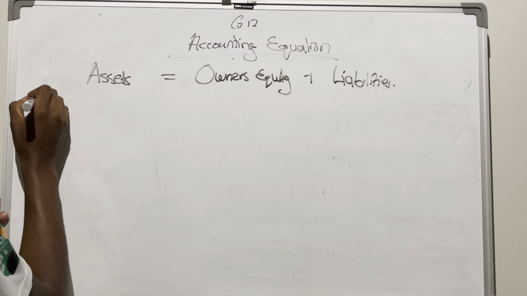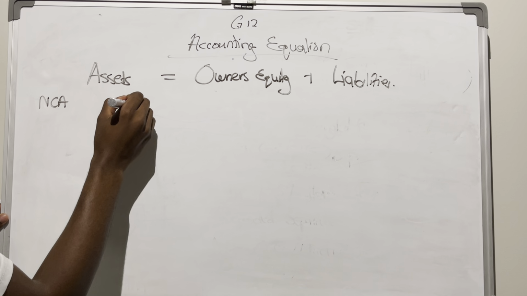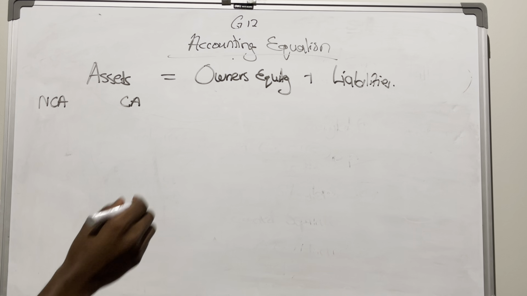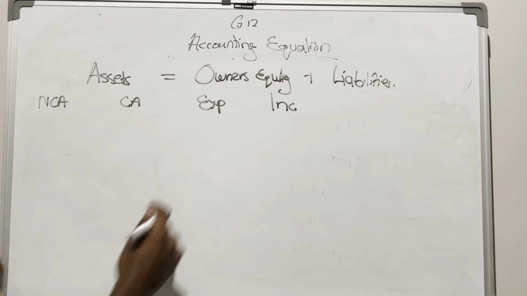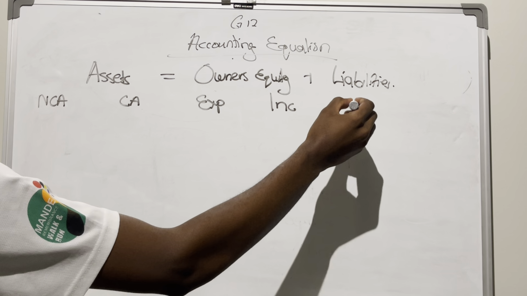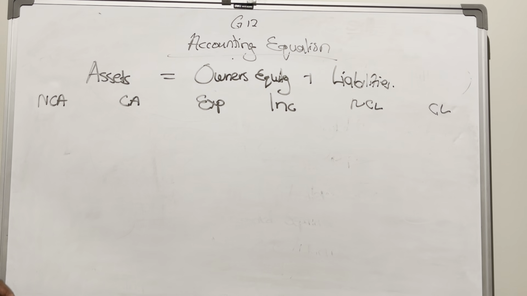In assets, we have non-current assets and current assets. In owner's equity, we have expenses and income. In liabilities, we have non-current liabilities and current liabilities.